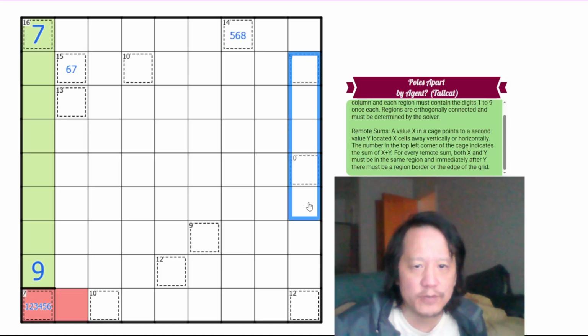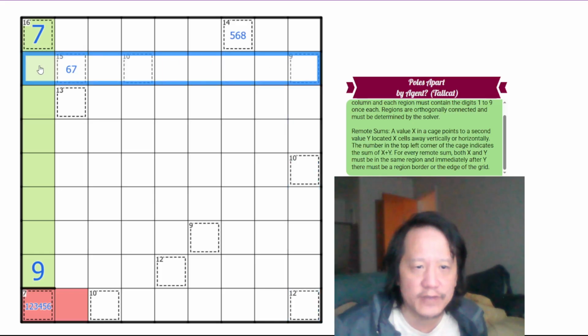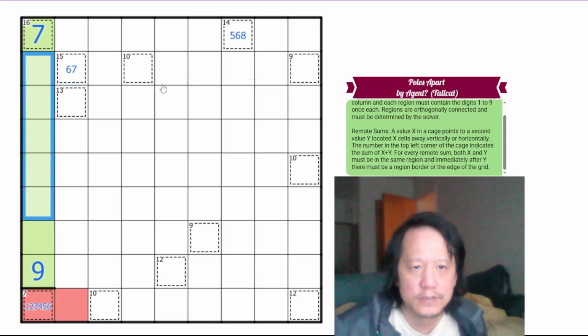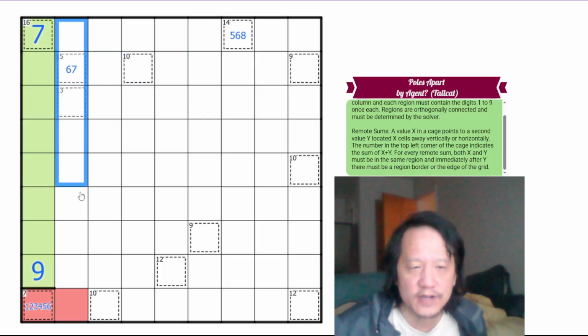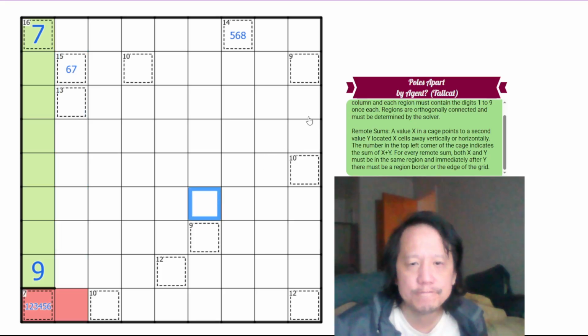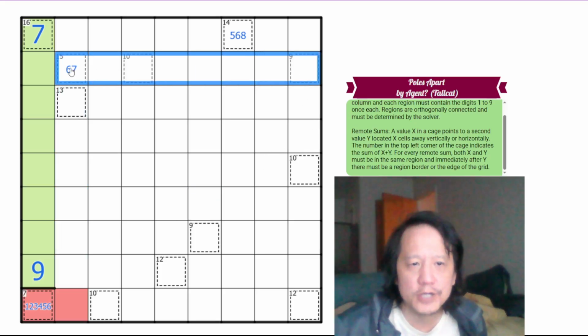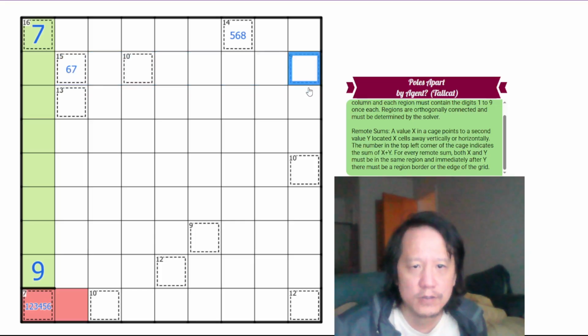This would have to be 8 going in a certain direction, which is impossible, because it would have to be in the same region. But the problem is this is a separate region than this. Because this would be 8 long. This is already 8 long, so you can only have an extra digit here. So you cannot have... It would not be able to be 7 here with 8 here. Essentially.